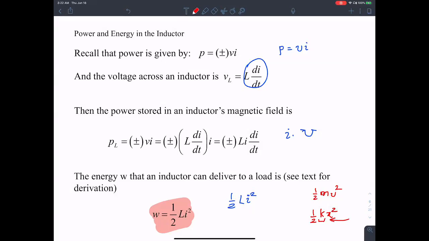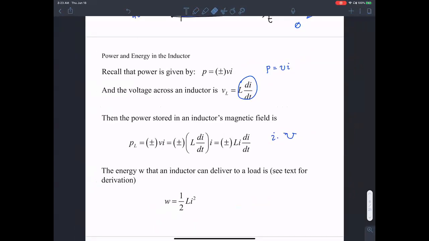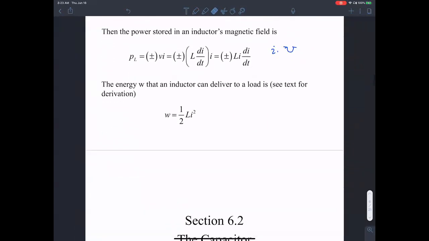So this form of 1/2 some term times a squared term, that's a very familiar form for energy. The energy stored in an inductor, the energy that the inductor can deliver to the load, is 1/2 Li squared. Okay, it's simply the rate of power delivered.